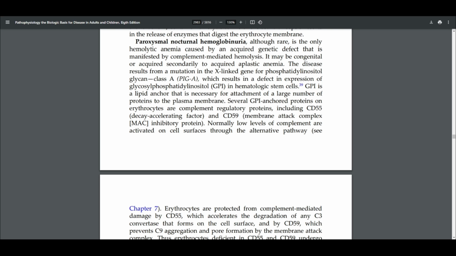GPI is a lipid anchor that is necessary for attachment of a large number of proteins to the plasma membrane. Several GPI-anchored proteins on the erythrocyte are complement regulatory proteins, including CD55 and CD59. Normally, low levels of complement are activated on the cell surface through the alternative pathway.